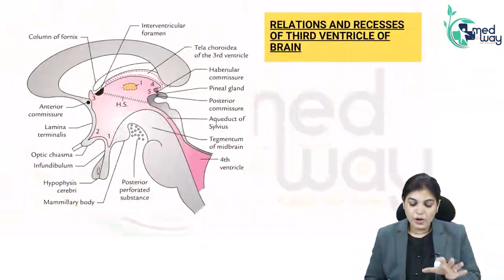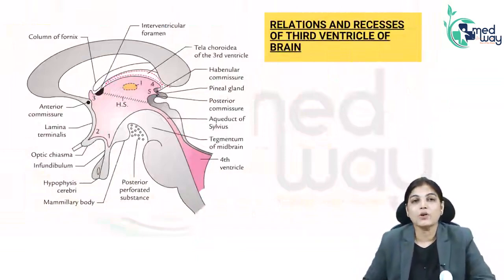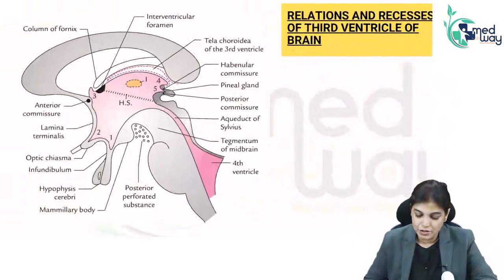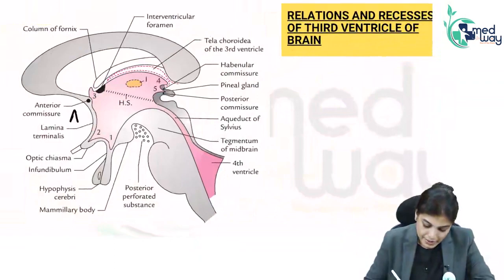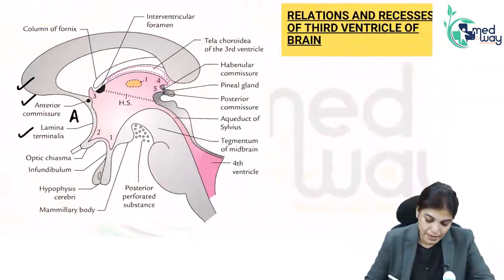Let me show you. This is an outline for understanding. Here you can see, in the sagittal section, the outline of the third ventricle, where we will understand the relations, the recesses and relations. If we write A, this is the anterior relation, formed by the anterior commissure, lamina terminalis, as you can see here, and also the anterior part of the fornix.